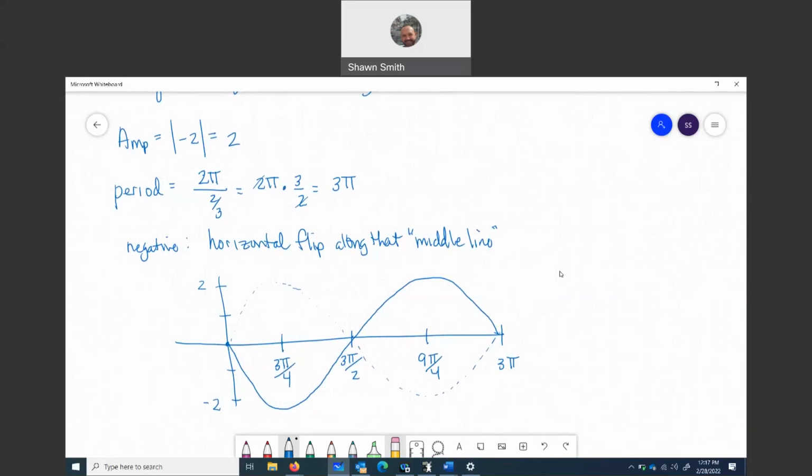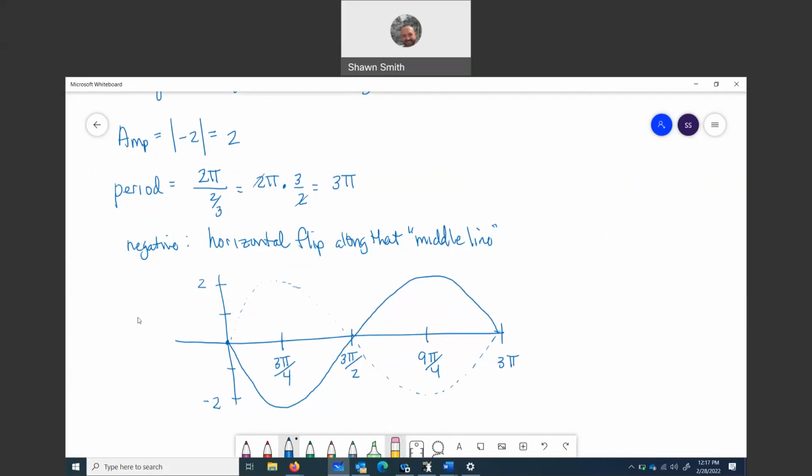I didn't tell you to graph over a certain number of periods, but if you wanted to continue on, say if I said over 2 periods, instead of keeping it going to the right, I can also go to the left, right? That shows another period. Because I already have all these numbers positive to the right of the origin, I just list all those same numbers negative to the left, and I've got all those same key points, right?